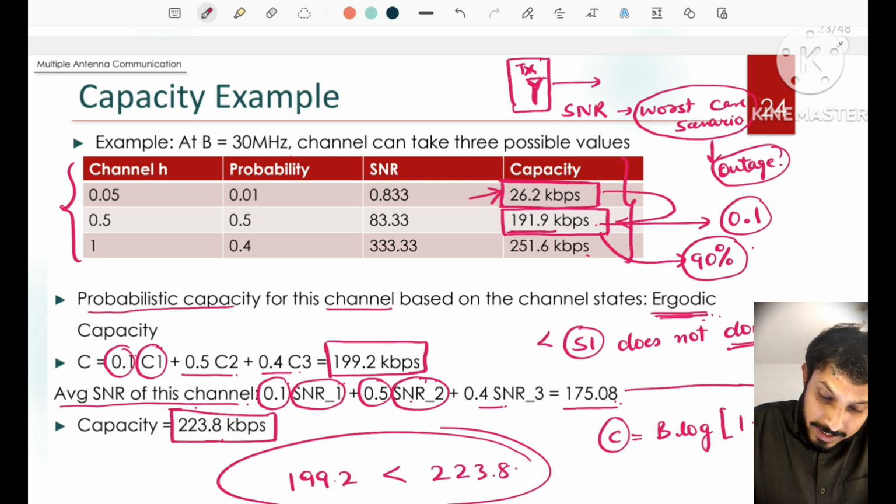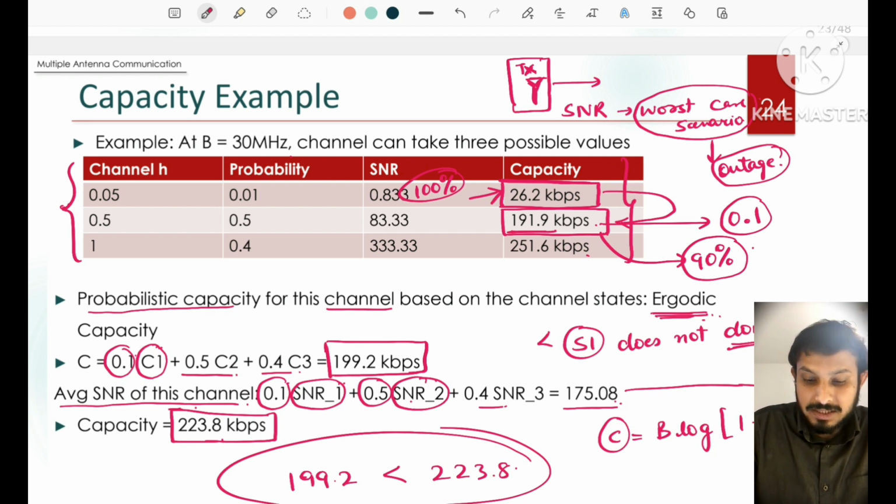Whereas in the previous case, the outage probability was 0. That means 100% of time we can achieve this 26.2 kbps. And when we told the transmitter that okay, 0.1 outage probability is enough for us, or we can sacrifice some of the performance, then there is a significant improvement in the capacity from 26.2 kbps to 191.9 kbps.